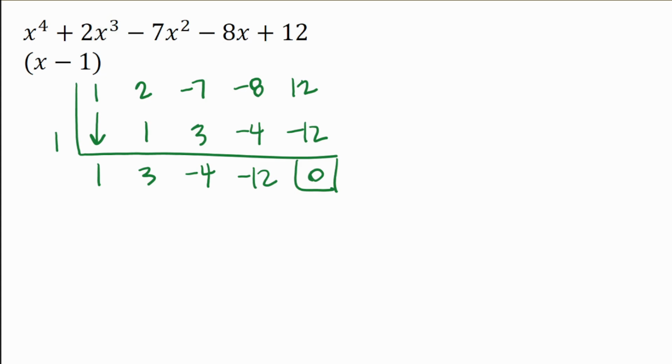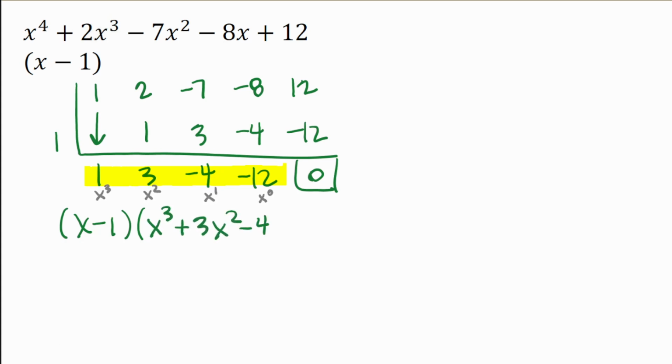And I see a remainder of 0, so I know that this divided cleanly, and I have x minus 1 multiplied by, this is going to be my quotient that I'm highlighting, and we'll note this is some number of x to the 0s, x to the 1s, x to the 2s, and x to the 3s. So I'll have 1x to the 3 plus 3x to the 2 minus 4x to the 1 minus 12. Minus 12 could be written as minus 12x to the 0 because x to the 0 is just 1.